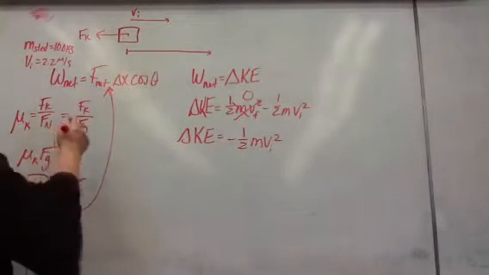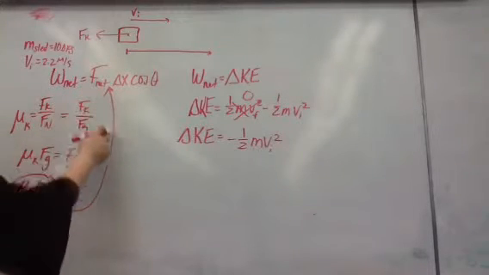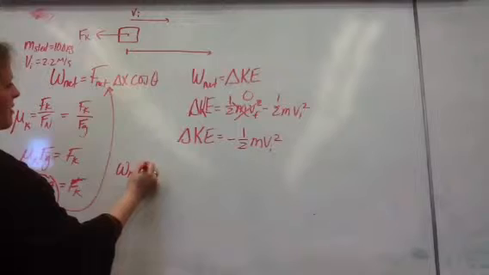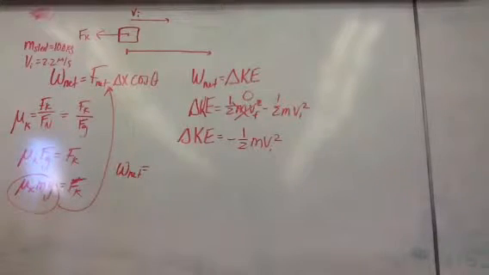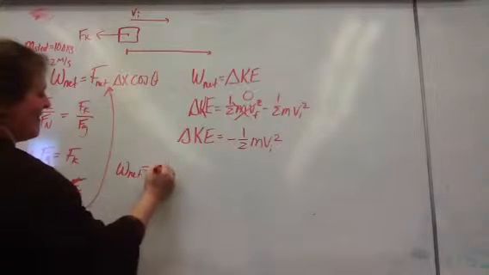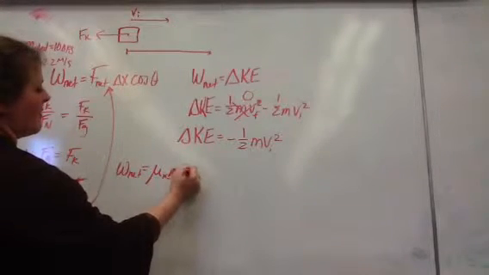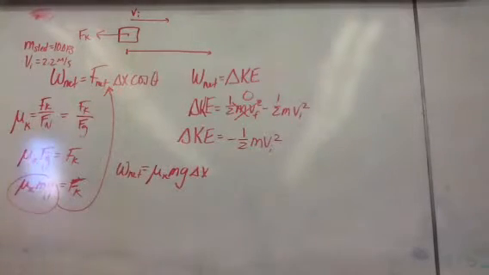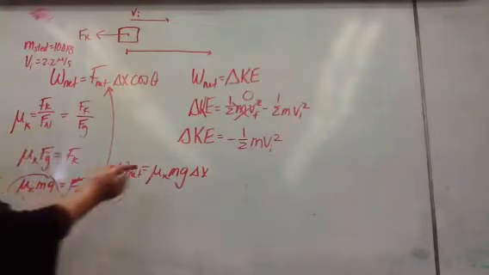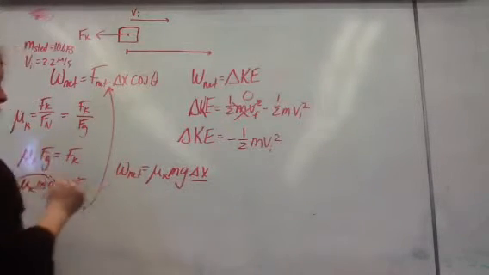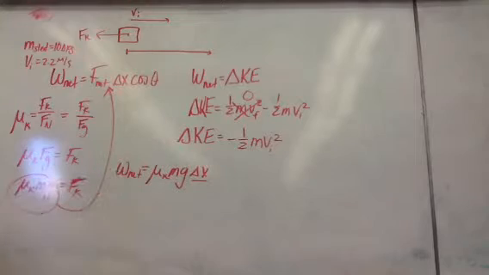Okay, so let's bring this down. So now we have the net work is equal to mu k mg times delta x. So at this point, we have mu k, we have mass, we have gravity. This is what we want, but we don't have the net work, except we do. Because guess what?